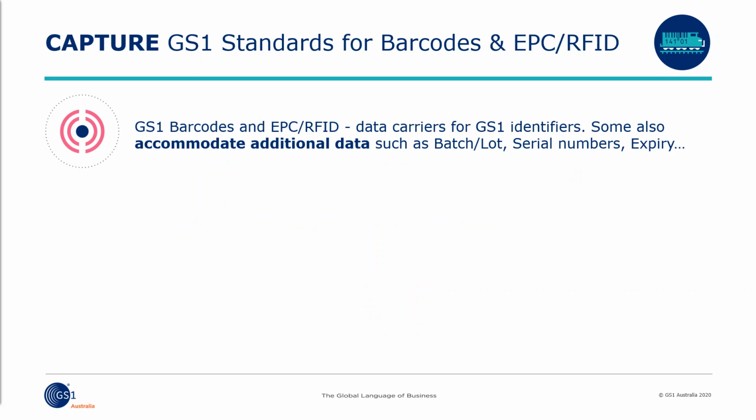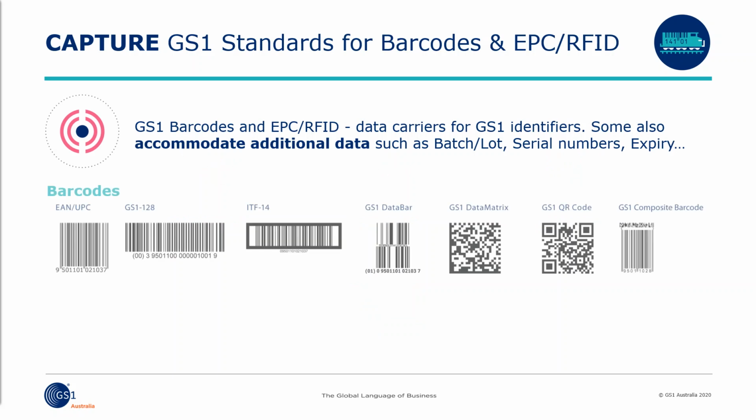GS1 identifiers are captured using GS1 barcodes and GS1 EPC RFID, global standards for carriers that provide accurate and automatic capture of data. GS1 has a family of barcodes, developed and used across various industries.